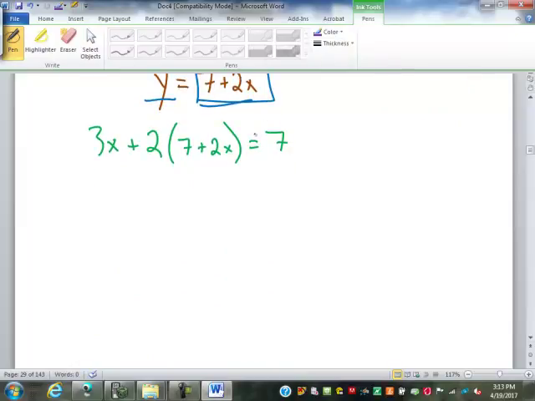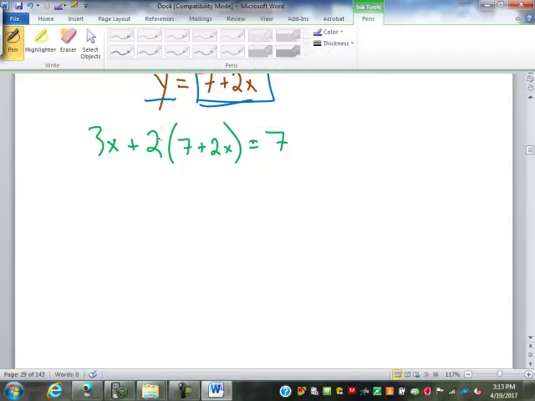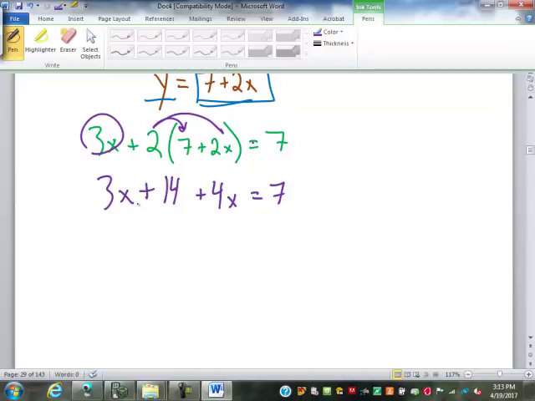What's my first step solving this equation? Perfect. I have the parentheses here. 2 times 7 gives me 14. 2 times 2x is positive 4x. Now I still have the 3x up front here, so I got to put that in there. This is a positive 14, so I'm going to put a plus in front of it.